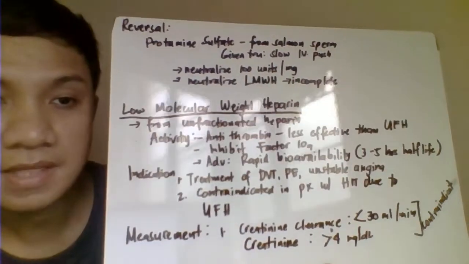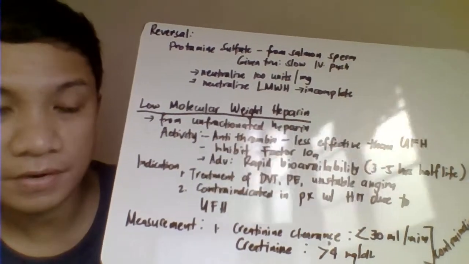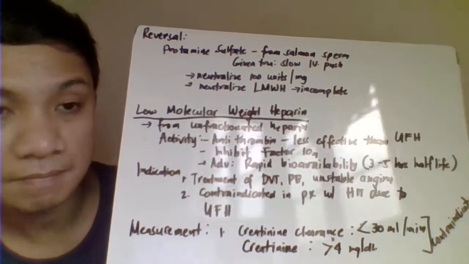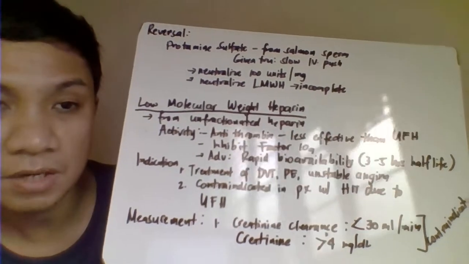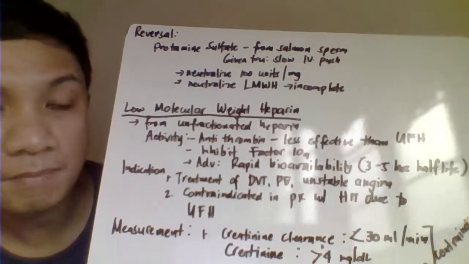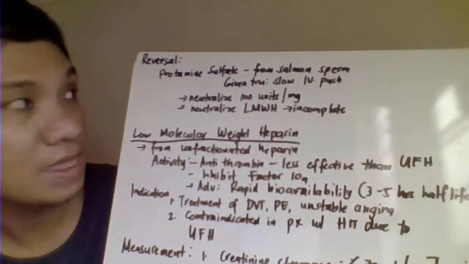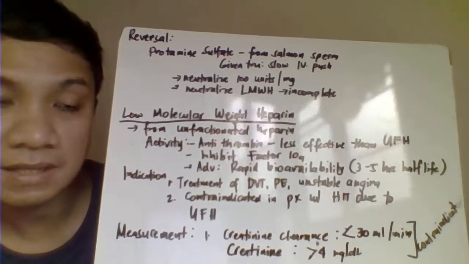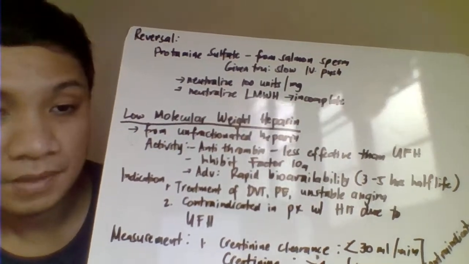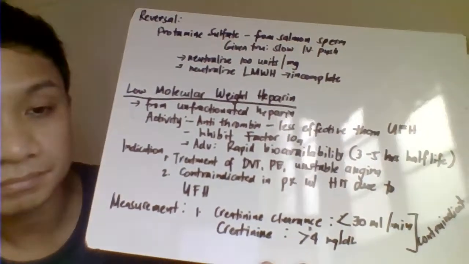Okay, then we have here the reversal agent for the too much administration of your heparin, unfractionated heparin. So, bleeding manifestation because of the too much administration of your unfractionated heparin could be reversed by administration of your protamine sulfate. Protamine sulfate has been extracted from the salmon sperm. Has been given through a slow IV push, ganon sa IV.